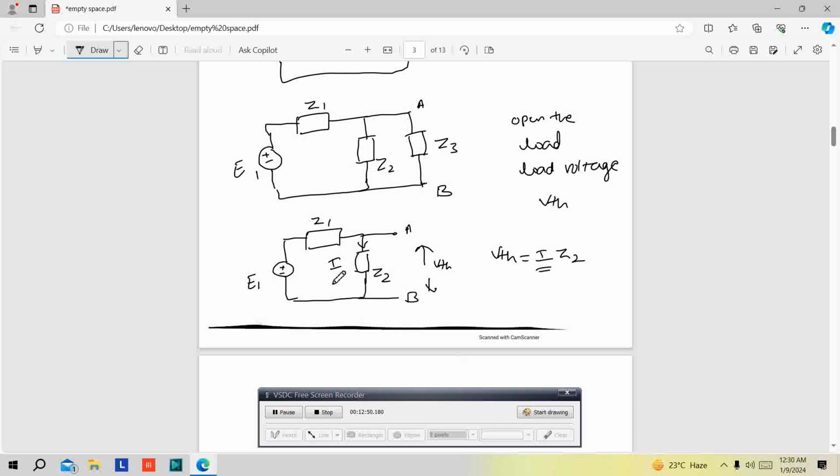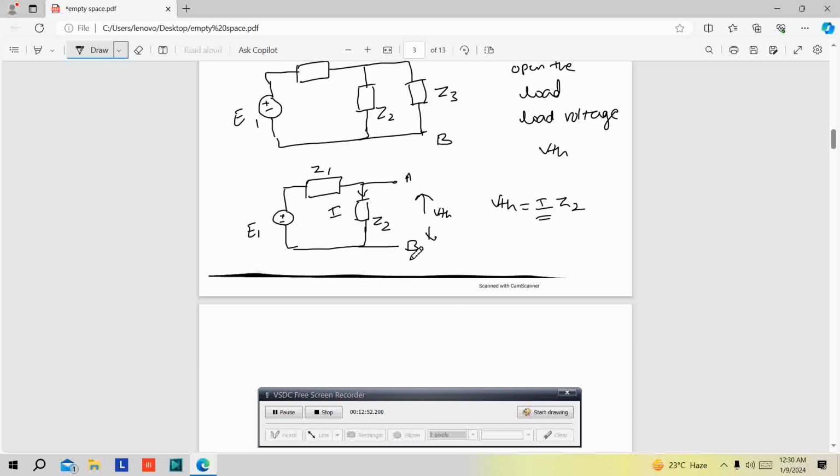Apply loop analysis. It is very simple. I is equal to V by R. What is V here? E1 divided by the total resistance, so Z1 plus Z2. So this is I. Correct?